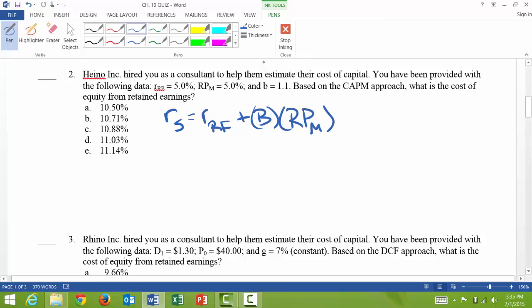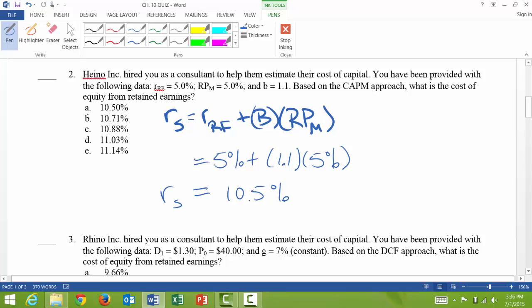This one is a pretty easy one. The risk-free rate is 5% plus the beta, which is 1.1, times the market risk premium, which is also 5%. And so you get the cost of equity from retained earnings is equal to 10.5%, which is answer A.